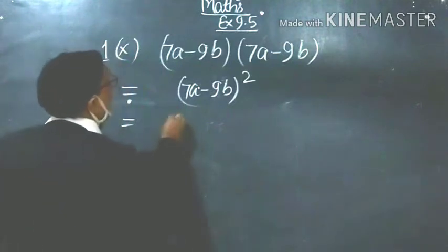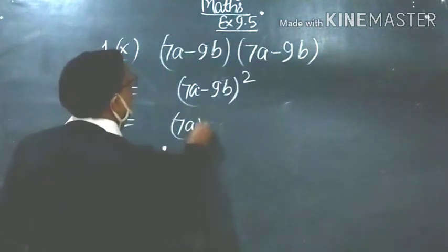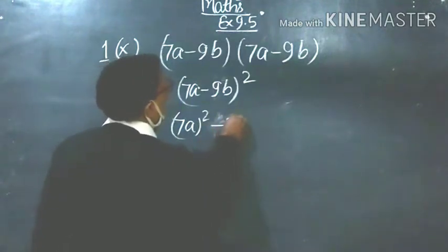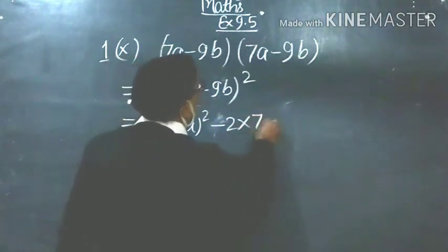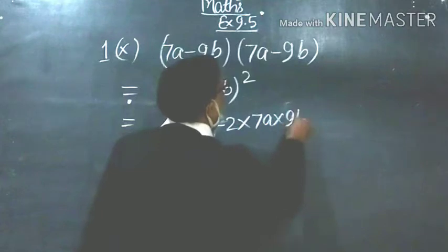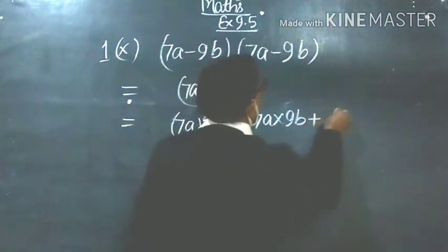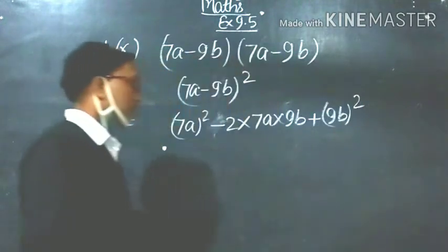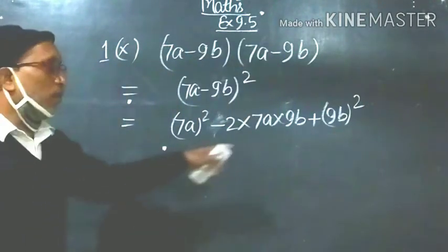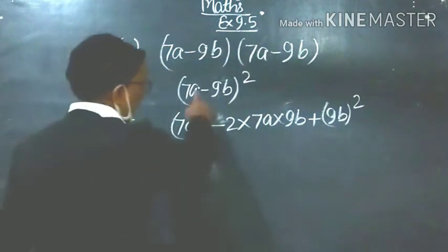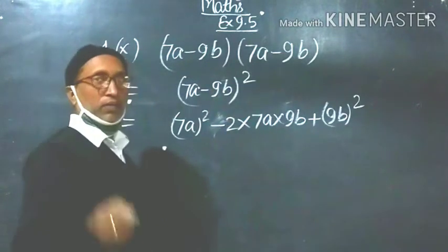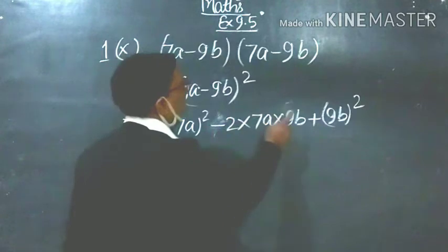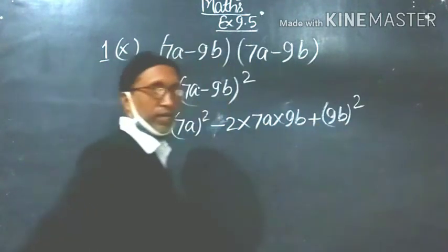Then you write (7a) whole square minus 2 into 7a into 9b plus (9b) whole square. It is in the form of the identity (a minus b) whole square, which is equal to a square minus 2ab plus b square.